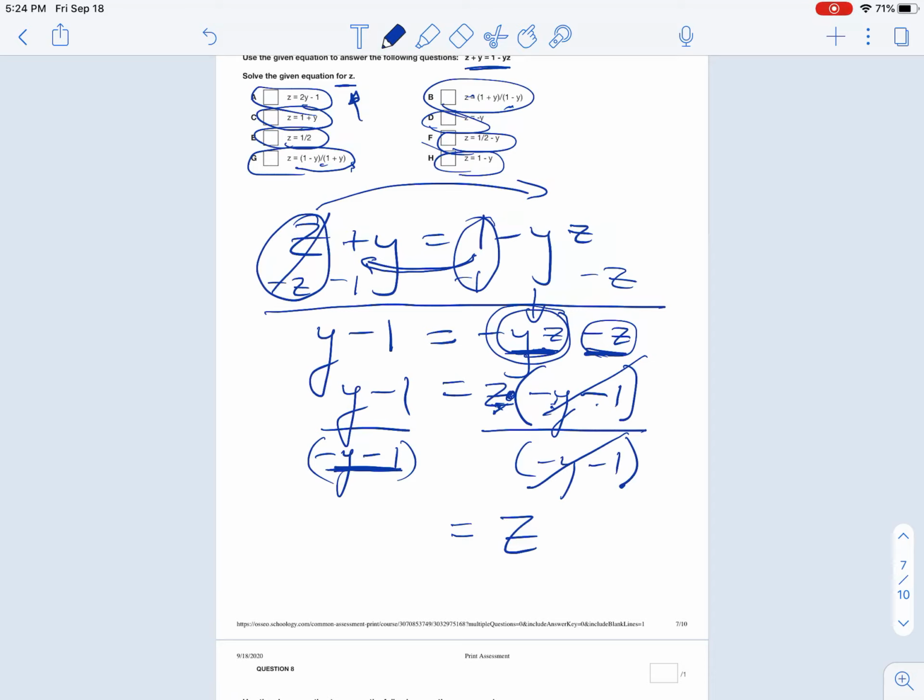Take out and factor out a number. In fact, sometimes I ask myself that question, what don't I like about this? And it's that there are two negatives there. So what would happen if I said, what times -1 is this negative y? Hopefully you'd say y. And what times -1 is -1? And you'd say, well, it's +1.